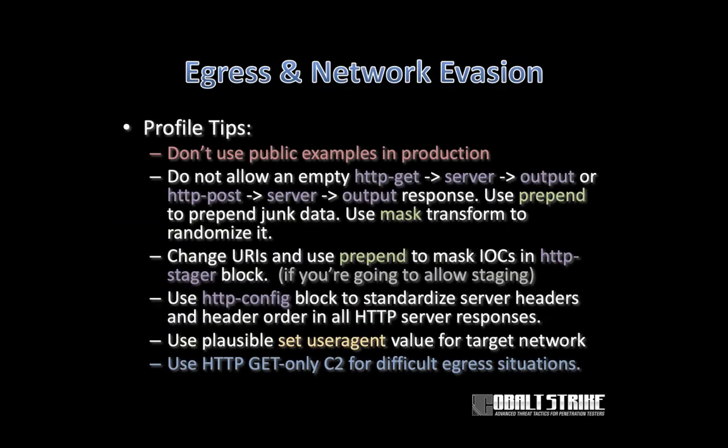The next one I want to speak to is the staging process for staging beacon over HTTP. I very much recommend you take advantage of the HTTP stager block to change what staging looks like on the wire. Again, let me explain what everything looks like and share how you can change that.